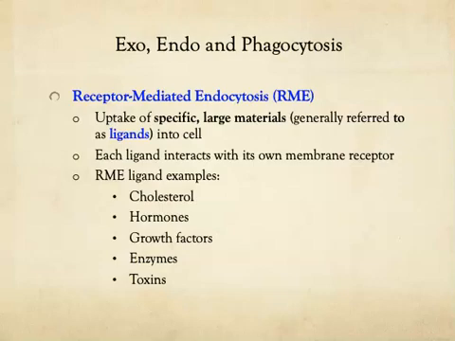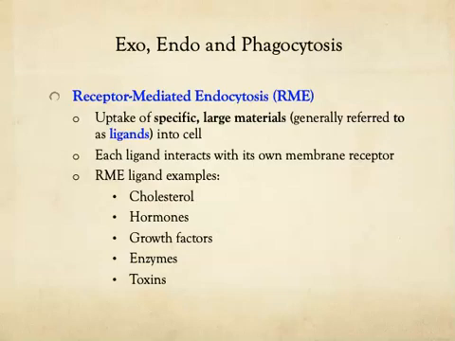Now, in order for a molecule to interact very specifically with a receptor, it has to be relatively large. In other words, something very small, something the size of, say, an ion, is not going to bind to a receptor and come in through receptor-mediated endocytosis. That just doesn't happen. These are relatively large molecules.